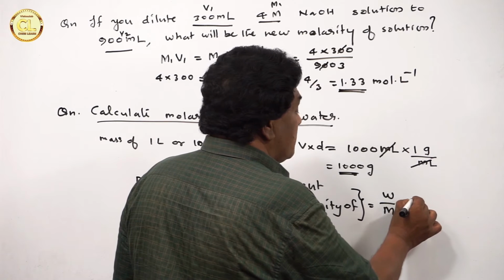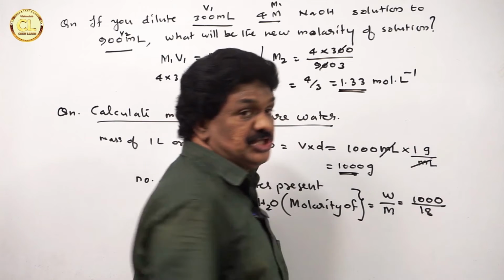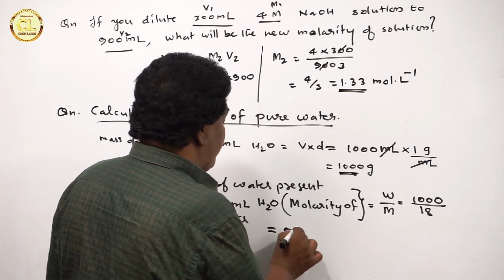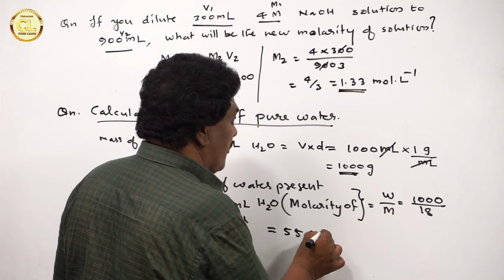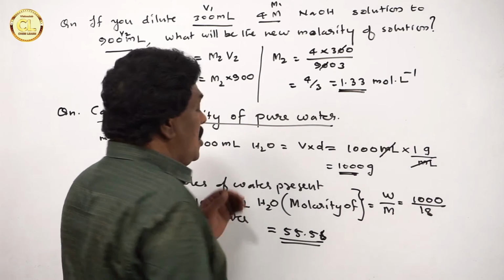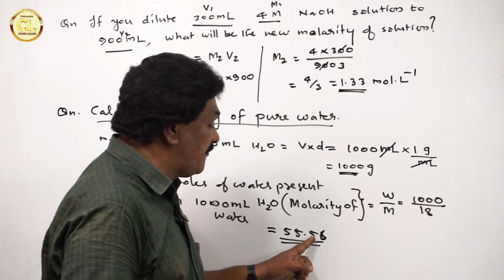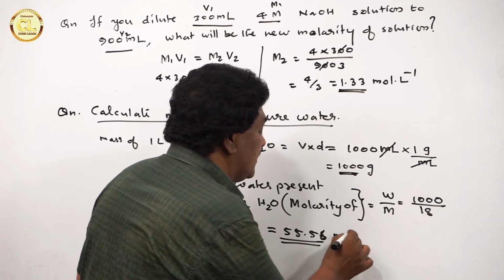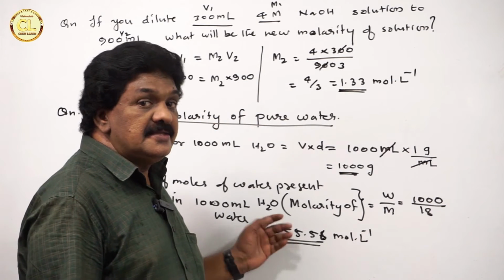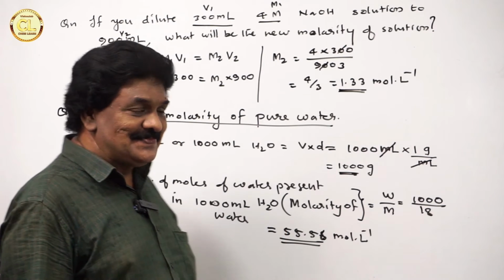That is mass 1000 divided by molecular mass 18. Its value is 55.56. So, molarity of pure water is 55.56 mole per liter. That is the molarity of pure water. That's all.